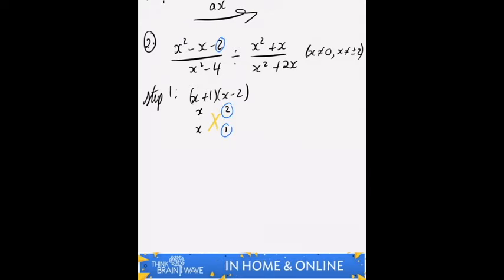You then multiply them, and you say x times 1 would be x, and x times 2 would be 2x. You need to find minus 1x, so you'd say minus 2 plus 1. So you put your plus here and your minus here, put your brackets, and that's exactly what you get above over here.